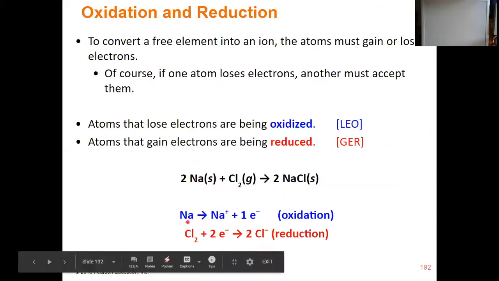The sodium goes from solid form to a sodium +1 ion. Obviously, if it's going from neutral to positive, it's losing an electron. That's oxidation. Chlorine gains 2 electrons and becomes an anion. Well, 2 anions. That's reduction. Okay?